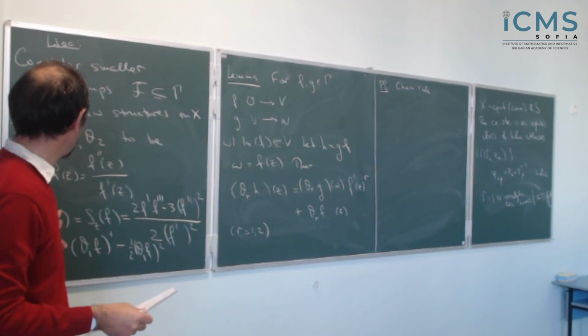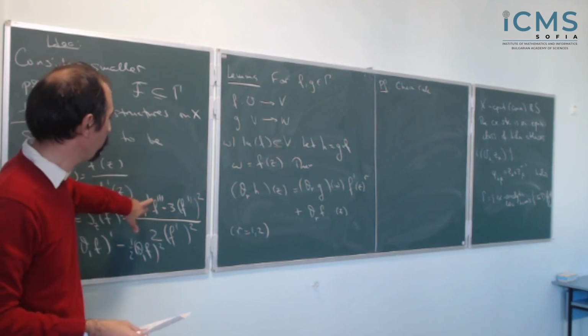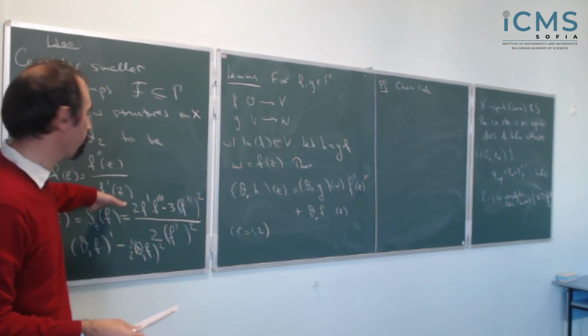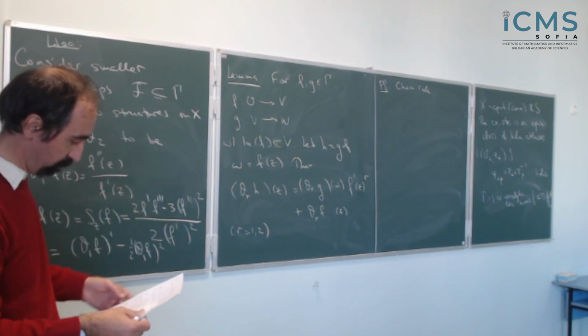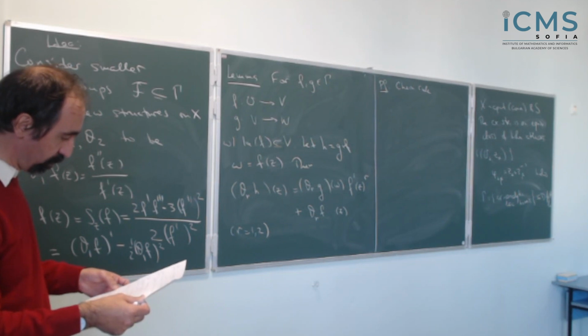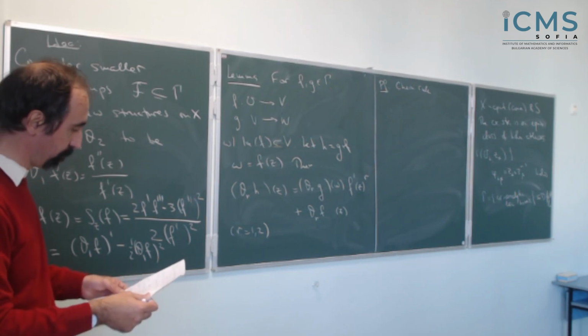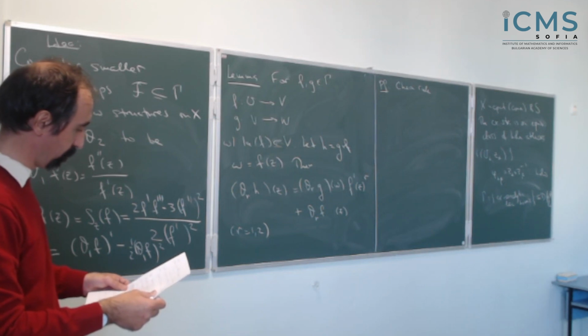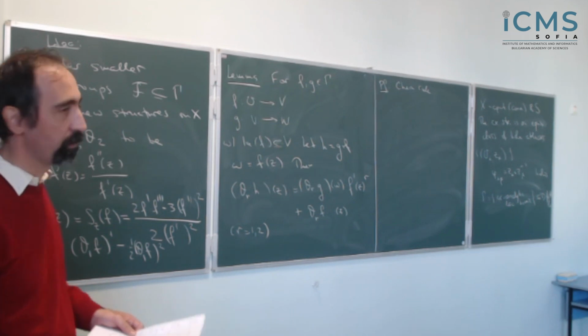Again, you write down the chain rule for f prime, f double prime and f triple prime, and then substitute in the expression, and you see that's what's left over.